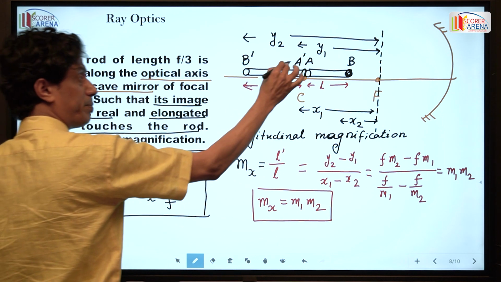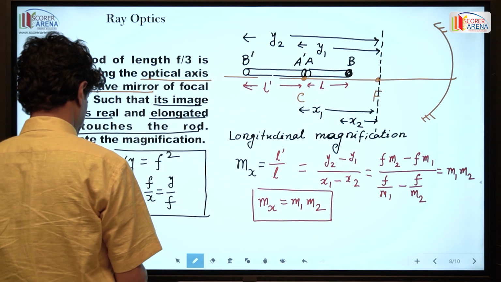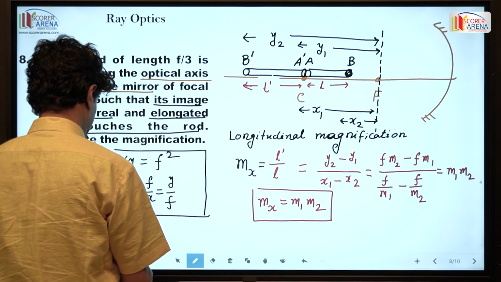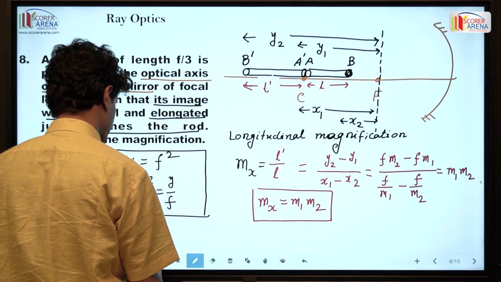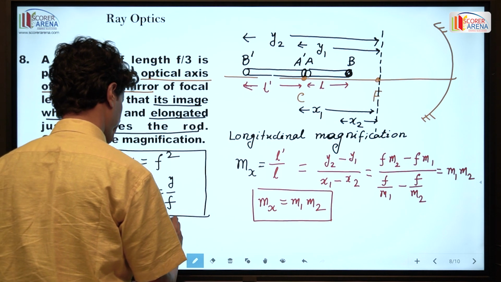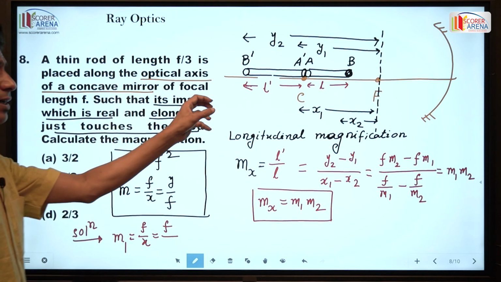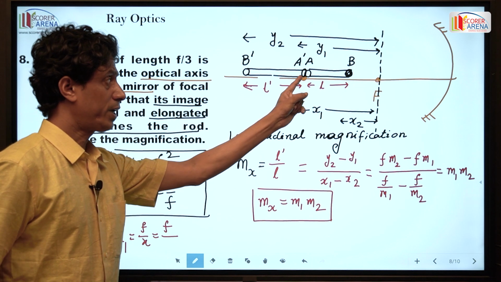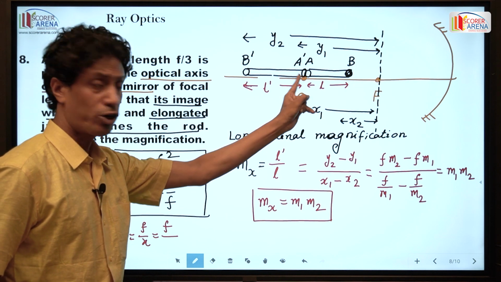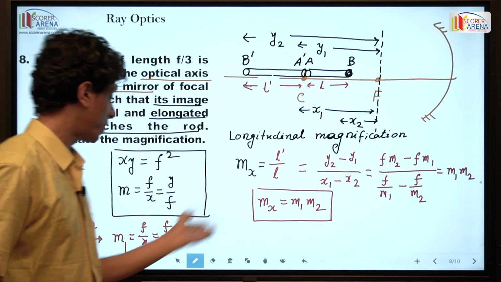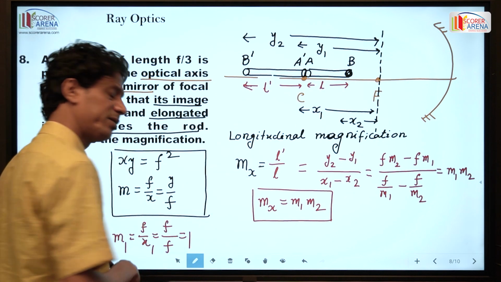M1, that is the magnification of point A, is f by x1. A is placed at the center of curvature, so the distance from the focus is f. x1 is f, so it is 1.